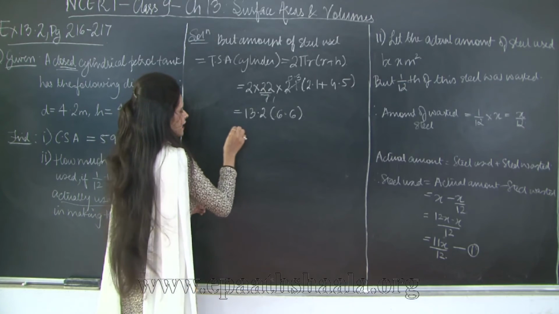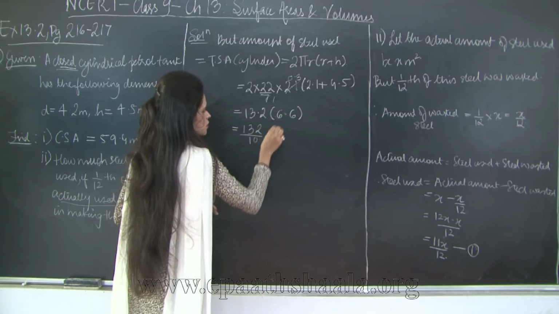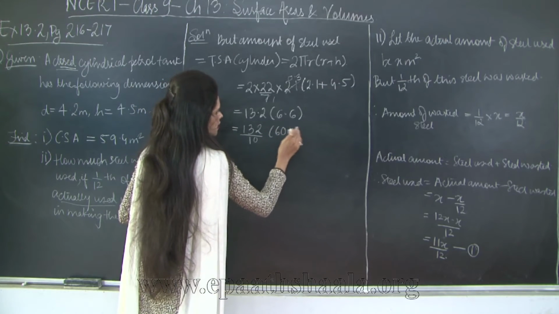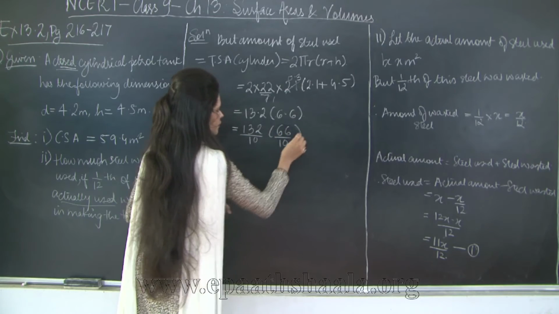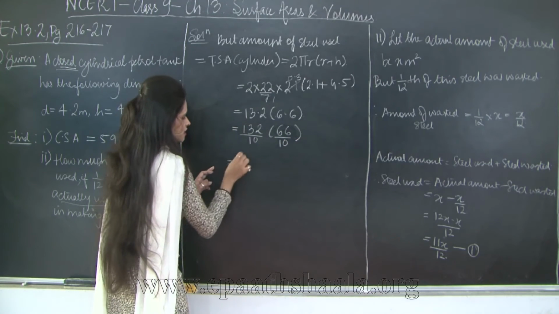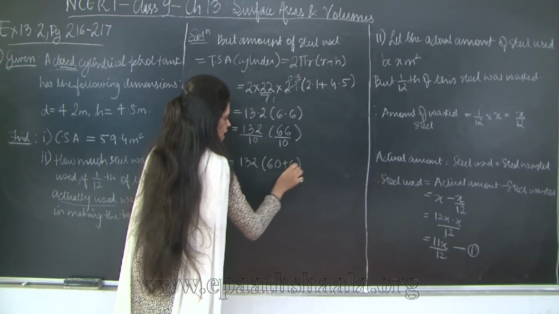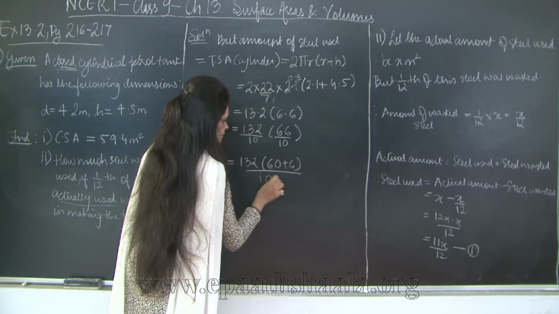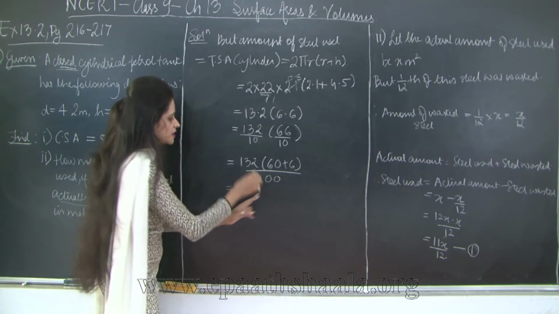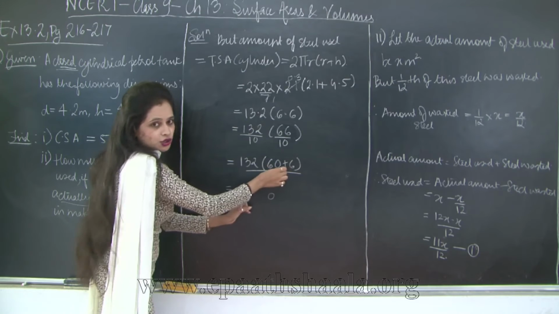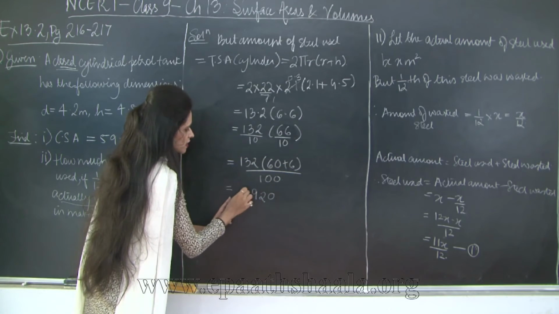So let's write this a little more neatly. 132 upon 10 into 66 upon 10. So this can be further written as 132 into 60 plus 6 upon 100, right? So this is equal to, again, the distributive property. I'm multiplying 132 by 60. So 6 2s are 12, 6 3s are 18, 19, 6 1s are 6, 7.